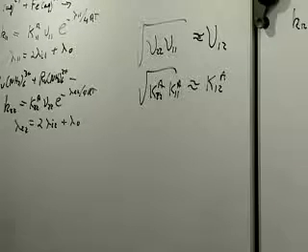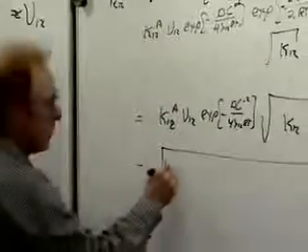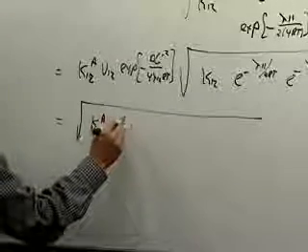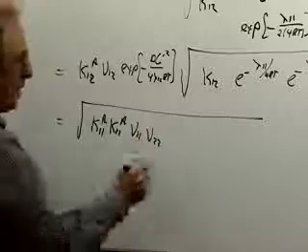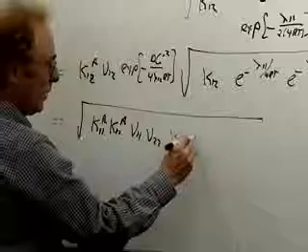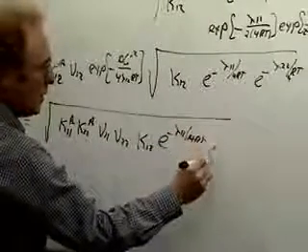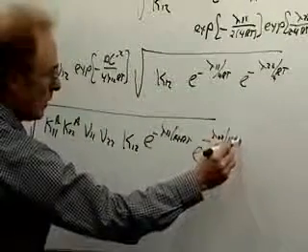But if you make this assumption, you get a K11A, a K22A, a nu 11, a nu 22, a K12, an e to the minus lambda 11 over 4 RT, an e to the minus lambda 22 over 4 RT.